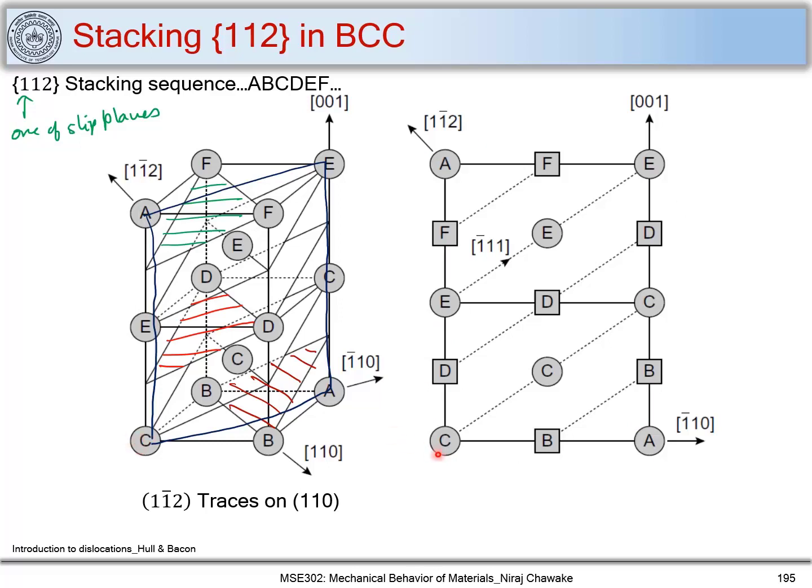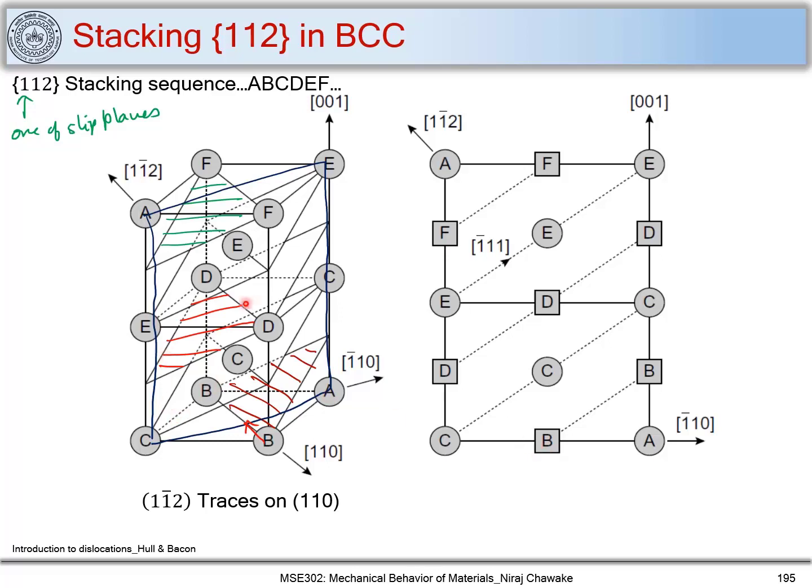So here you have C atom, we have C atom. Here you have A atom, here you have A atom. And now you are projecting. Let's mark that. When I am projecting this B atom on this 110 plane, I can get this position. So when I am projecting B atoms here, I will get this position here.